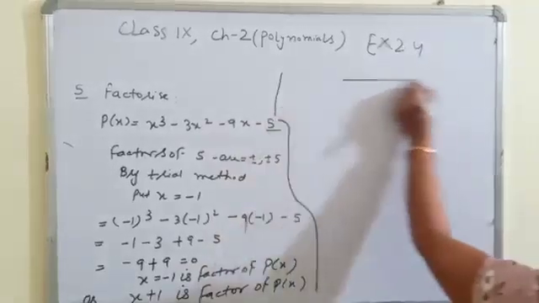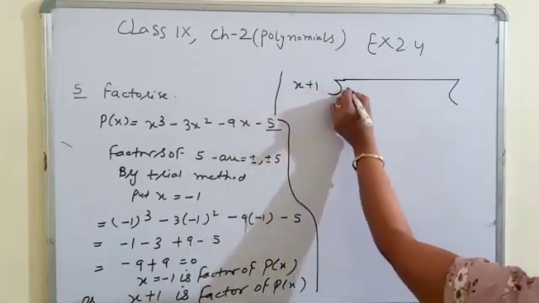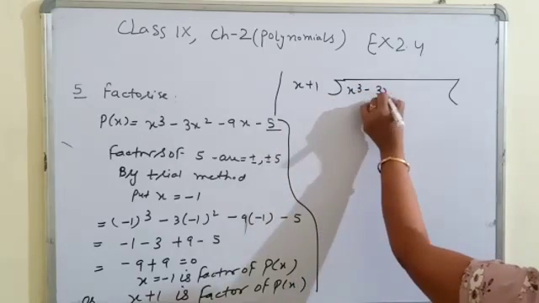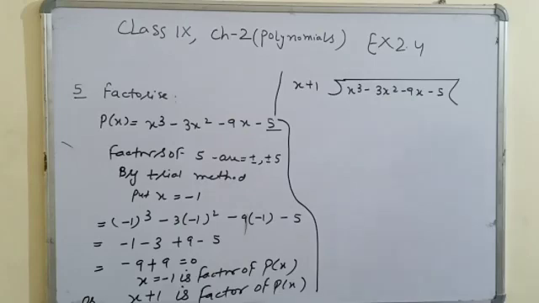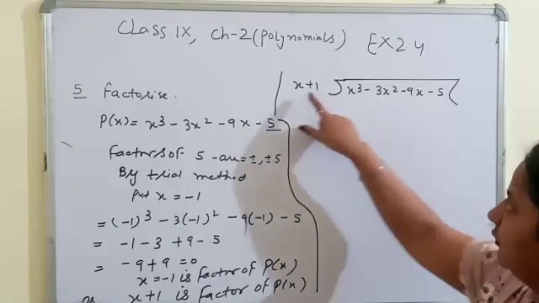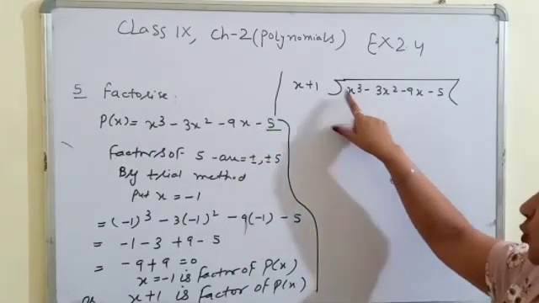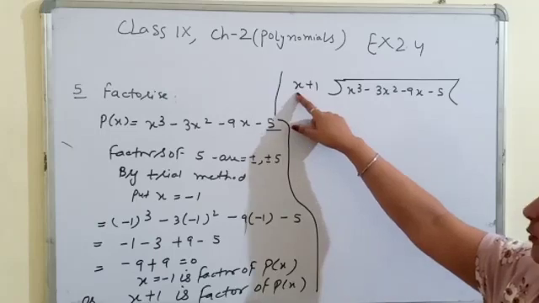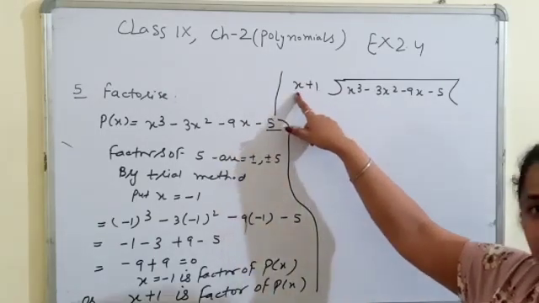Let's do the algebraic division here. X cube minus 3x square minus 9x minus 5, and x plus 1 is the divisor here. First step: divide the first term of the dividend by the first term of the divisor.